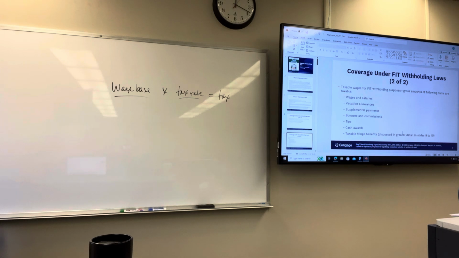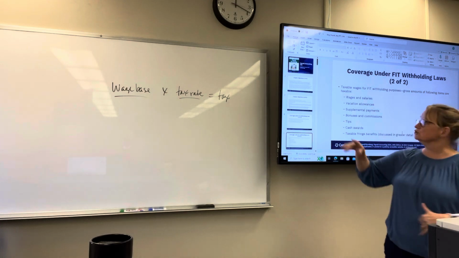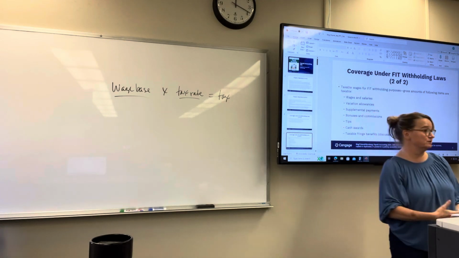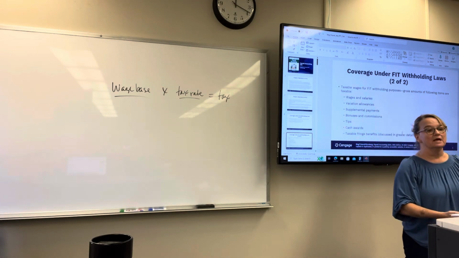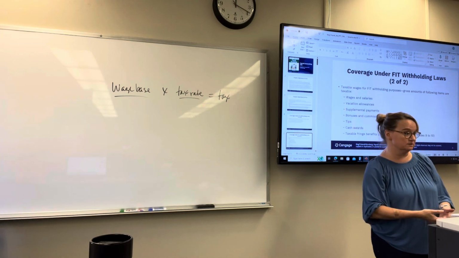The employee is not getting $90 a month, right? But instead, they're getting a benefit that is worth $90 a month. That $90 a month then is added to the taxable wages and is subject to federal income taxes as well as Social Security and Medicare taxes.